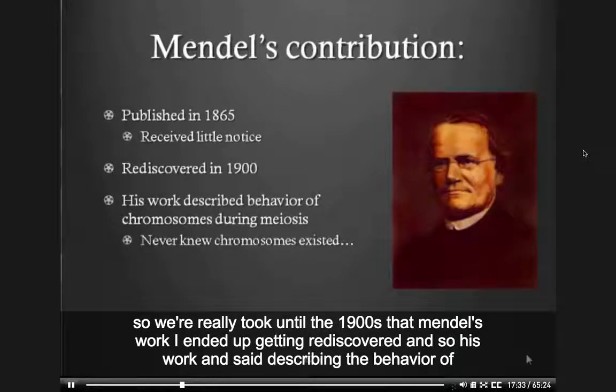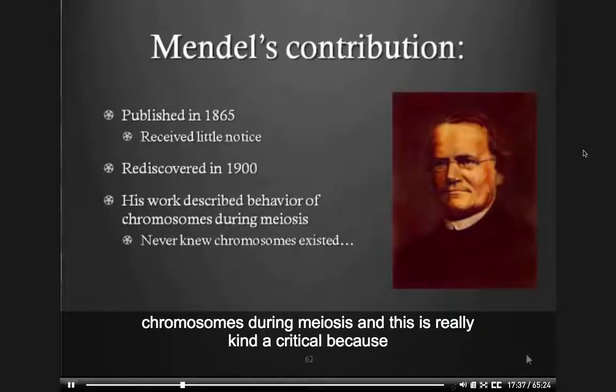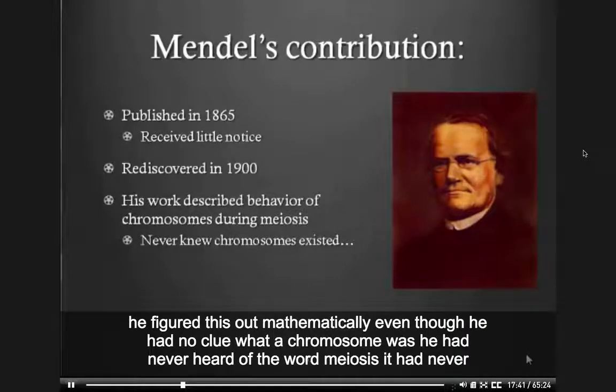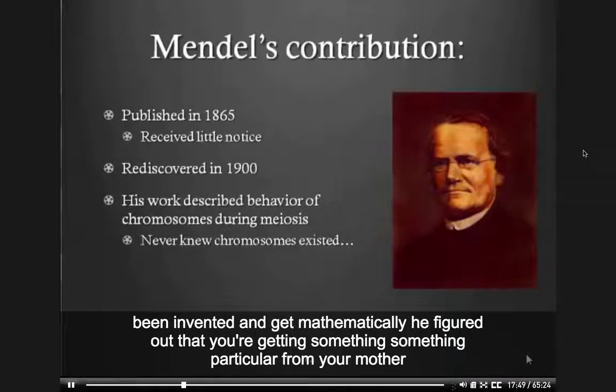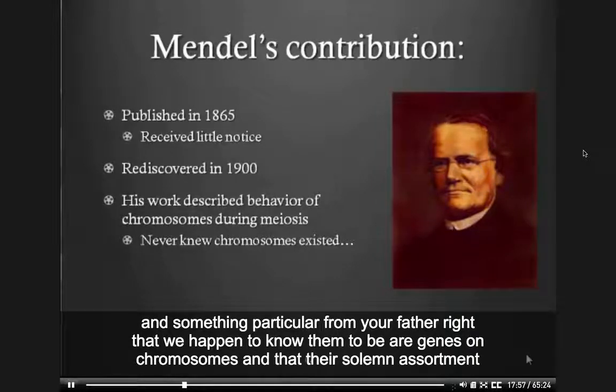And his work ends up describing the behavior of chromosomes during meiosis. This is really critical because he figured this out mathematically, even though he had no clue what a chromosome was. He had never heard of the word meiosis. It had never been invented. And yet mathematically he figured out that you are getting something particulate from your mother and something particulate from your father.